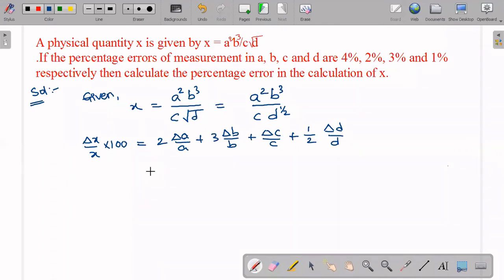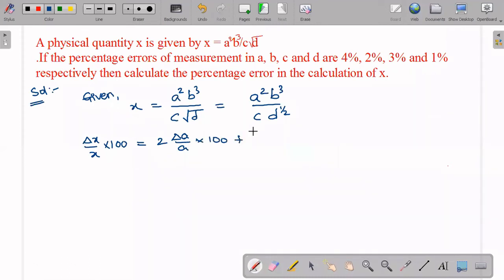Sorry, I made one small mistake. We have to multiply by 100 also for this. So let me rewrite this. Just hold on. I'm writing percentage error now. I have to write the 100 part also here, because I just wrote relative error only.